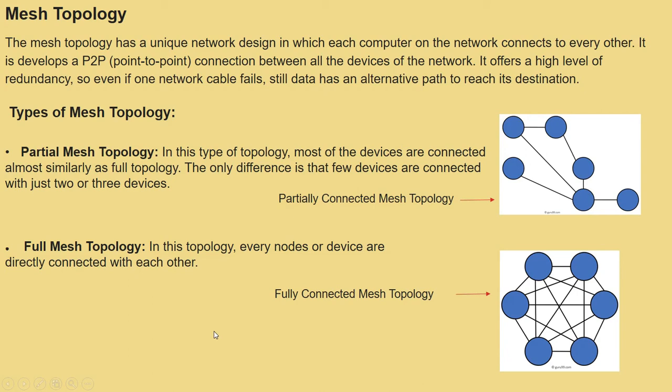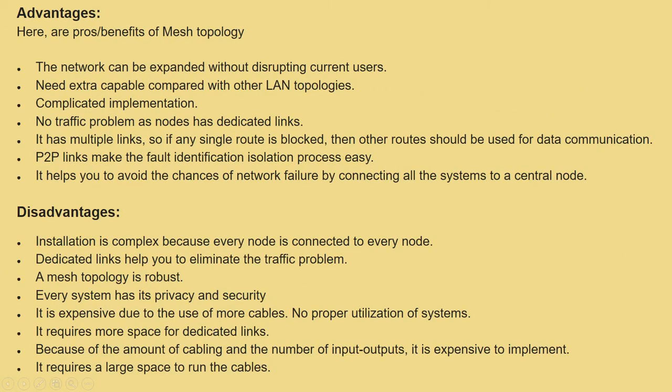Now see what advantages you are getting from this mesh topology. The network can be expanded without disturbing current users. Complicated implementations are there. No traffic problem, as nodes have dedicated links. So here there is no traffic problem because every node is linked with dedicated links.